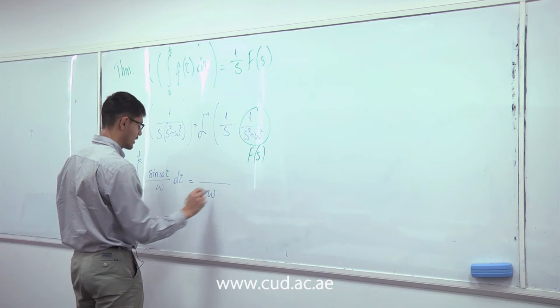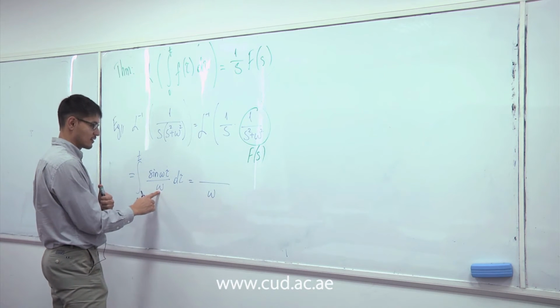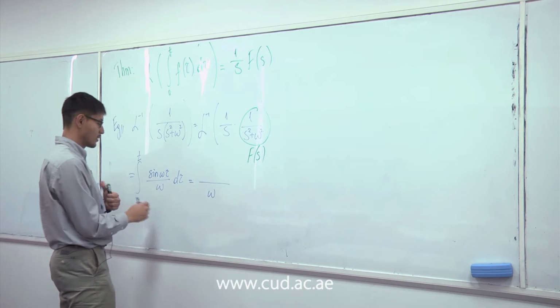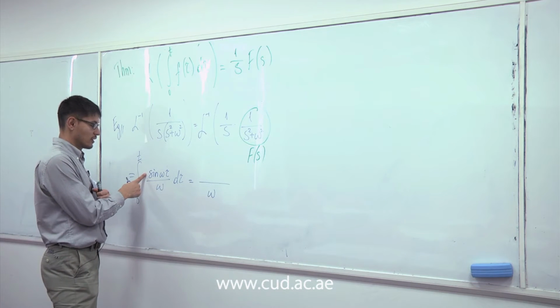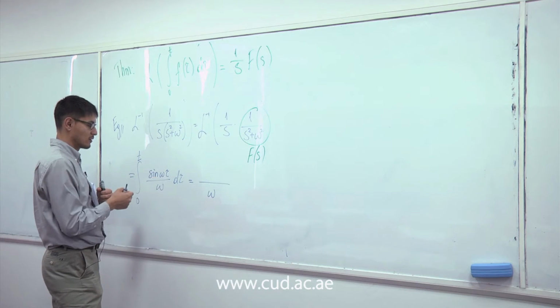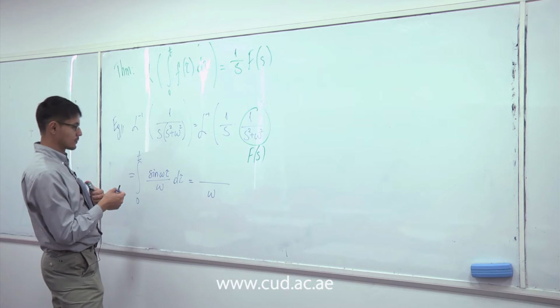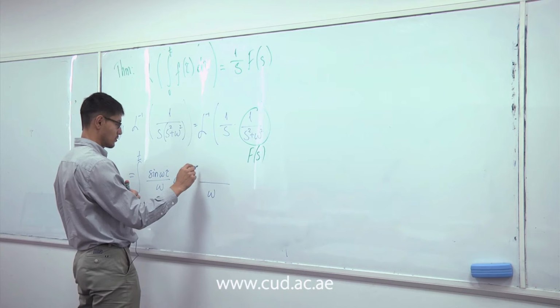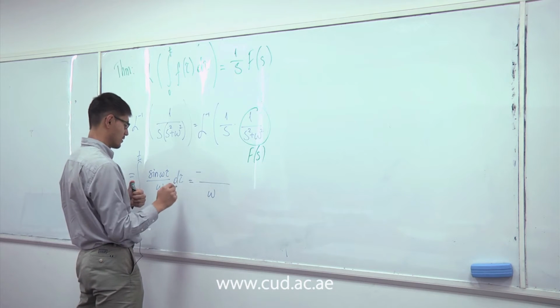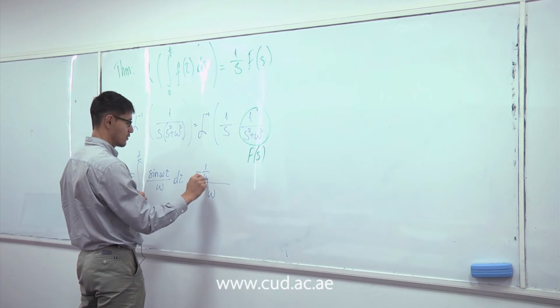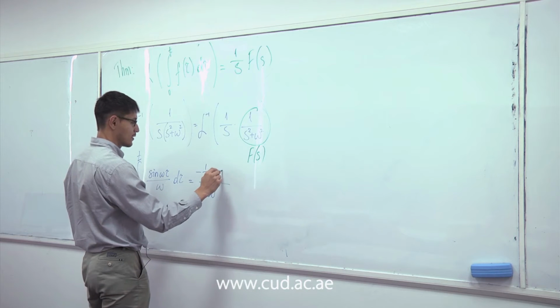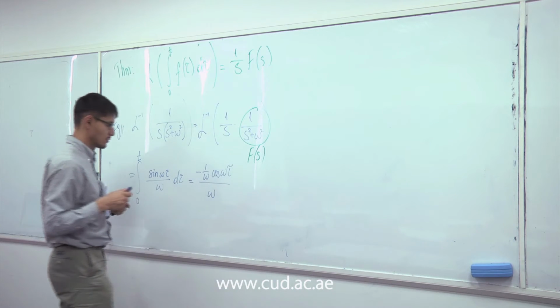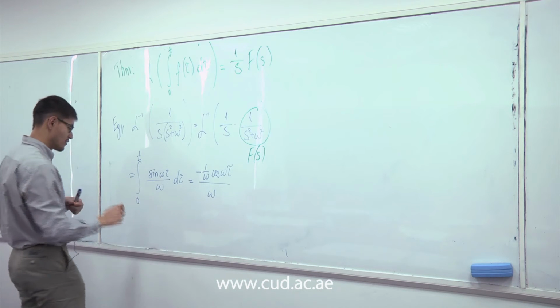We're not going to touch omega because omega is a constant. It's dividing by a constant. We're going to keep it. And what's the integral of sine omega tau? Well, we're doing it with respect to tau. So if you remember, the integral is minus 1 over omega cosine omega tau. So here I'm using the following formula.